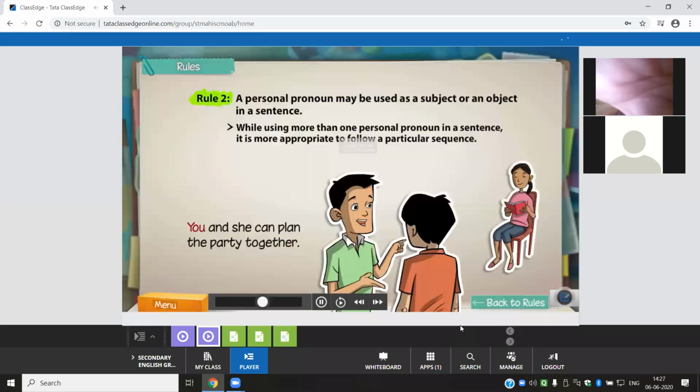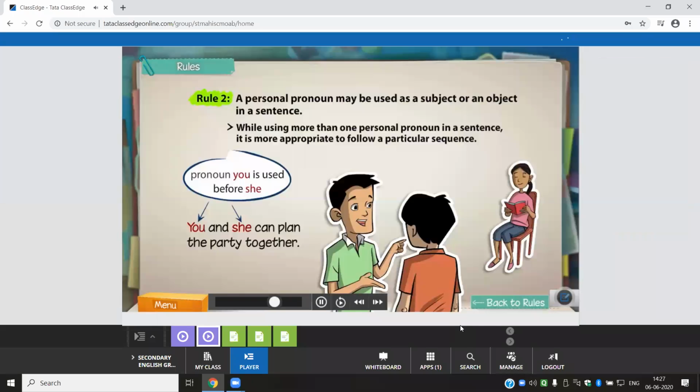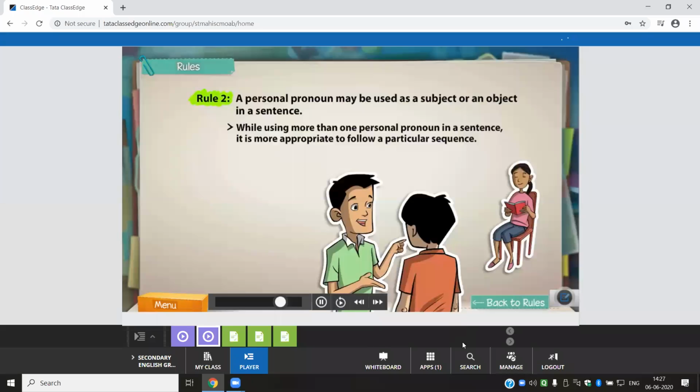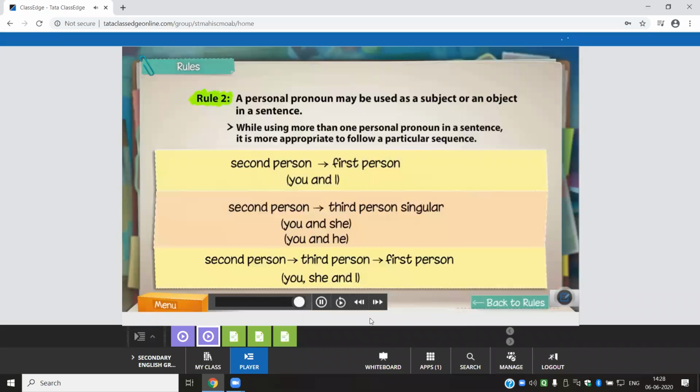When you is used with he, she or it, you is placed before third-person pronouns. If we add I to this sentence, it should come after you and she. Here is a table showing the preferable sequence to be followed.